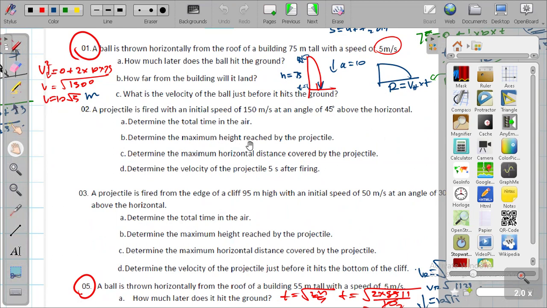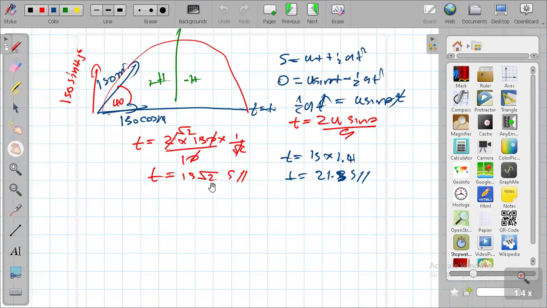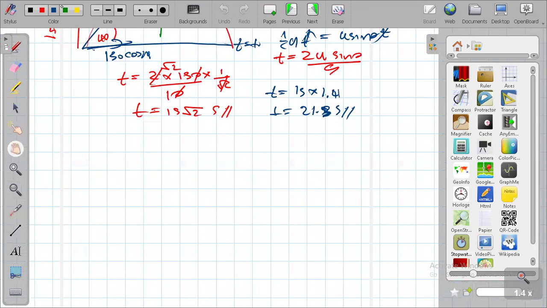Determine the maximum height reached by the projectile. At the top, v equals 0, u equals 150 sine 45, and the acceleration is g, a negative value. H, the maximum, is what we need to find.